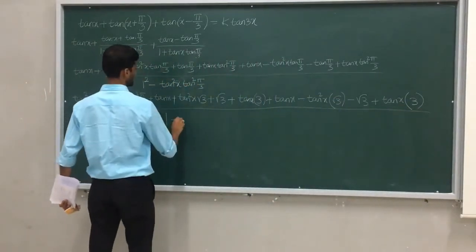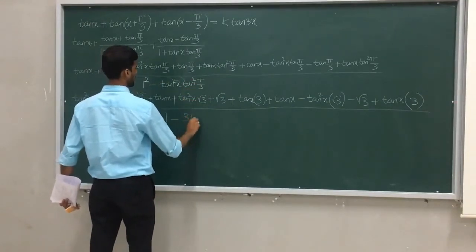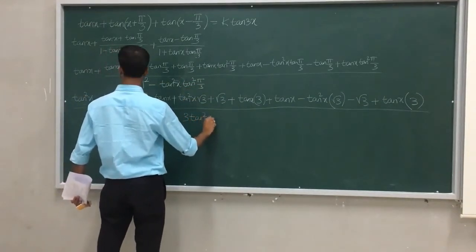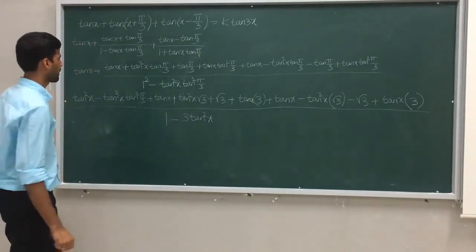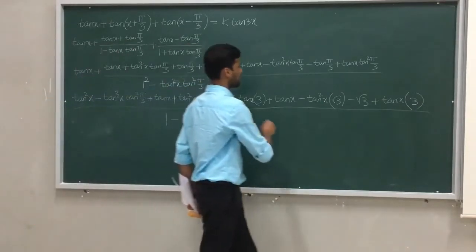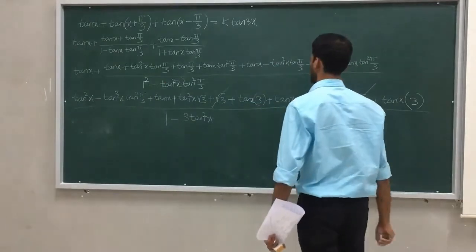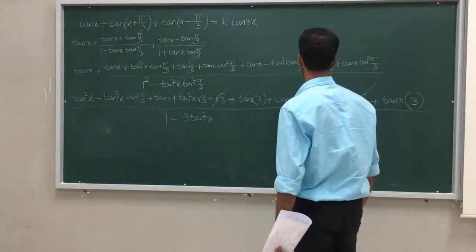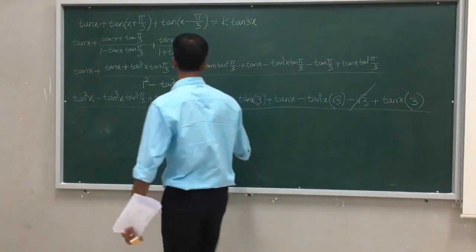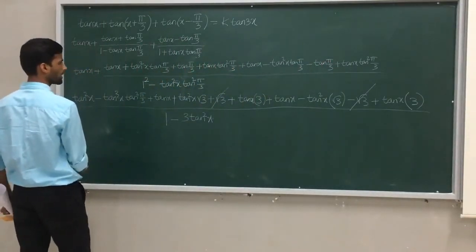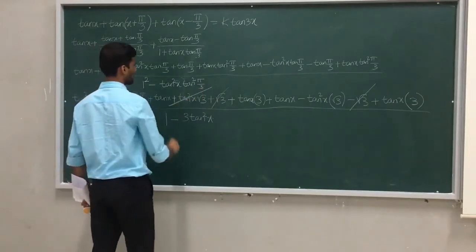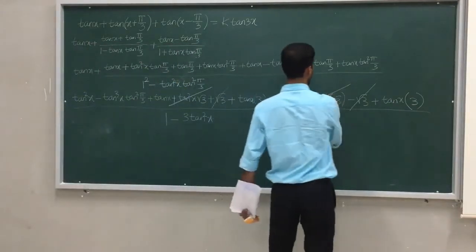1 minus tan square pi by 3 is 3 times tan square x. If you check for the cancelled terms, you can observe that plus root 3 minus root 3, and is there any term that will get cancelled? Tan square x root 3. Yeah, this term will get cancelled. Tan square x root 3 minus tan square x root 3.